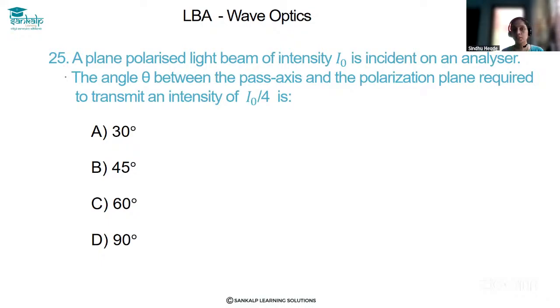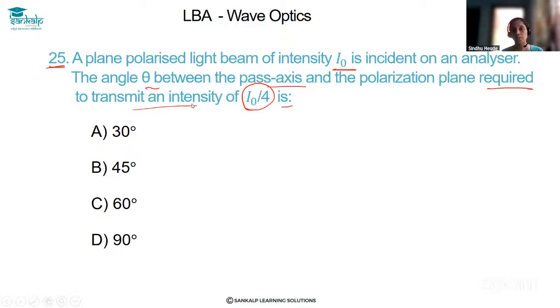Let us see question number 25. A plane polarized light beam of intensity I naught is incident on an analyzer. The angle theta between the pass axis and the polarization plane required to transmit an intensity of I naught by 4 is: option A 30 degree, option B 45 degree, option C 60 degree and option D 90 degree.